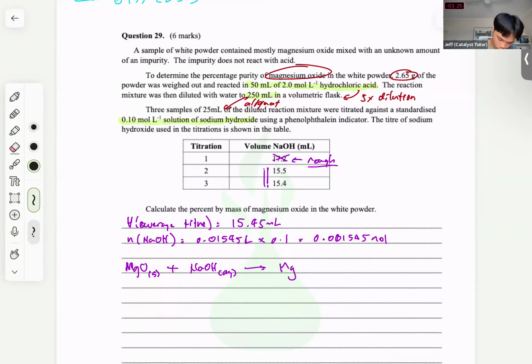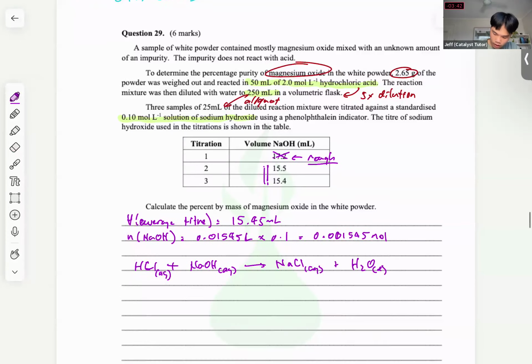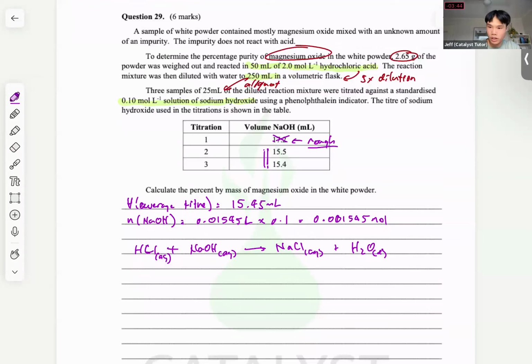HCl and NaOH is going to give us NaCl plus H2O. So this is a 1-to-1 ratio. Great, thanks, Seth. We'll use a second equation in a sec.